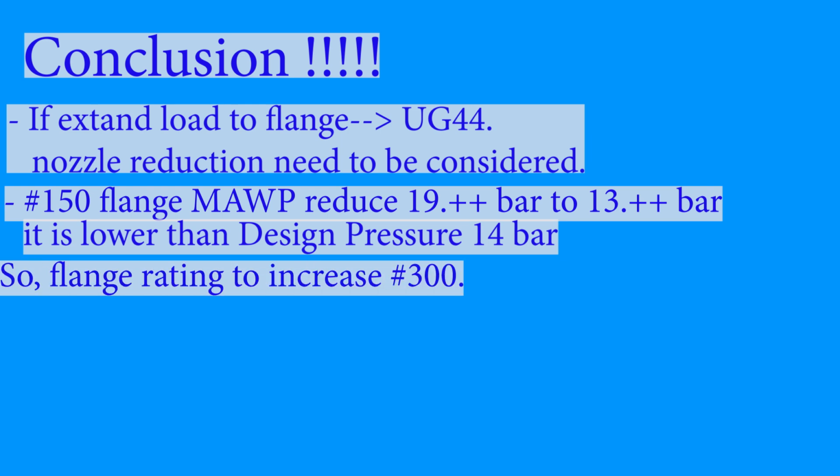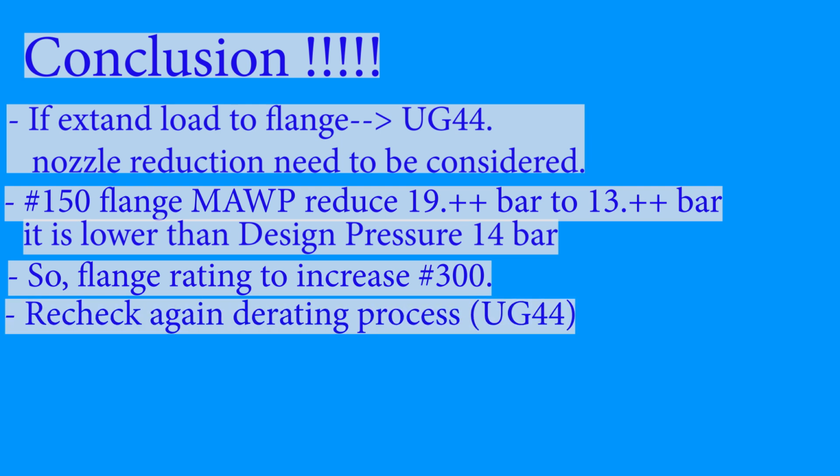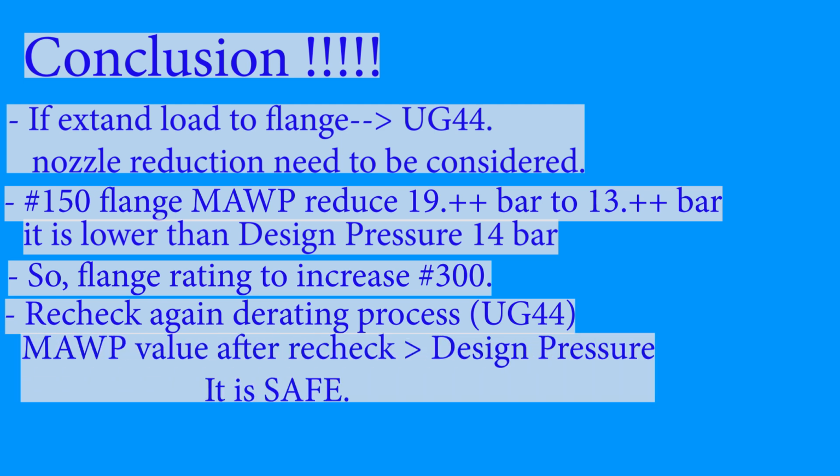In this situation, we need to increase the flange pound rating. At that time, we will have a higher MAWP as per standard, and we recheck one more round of the derating calculation process. From that, we will get the final MAWP, which is higher than the design pressure.